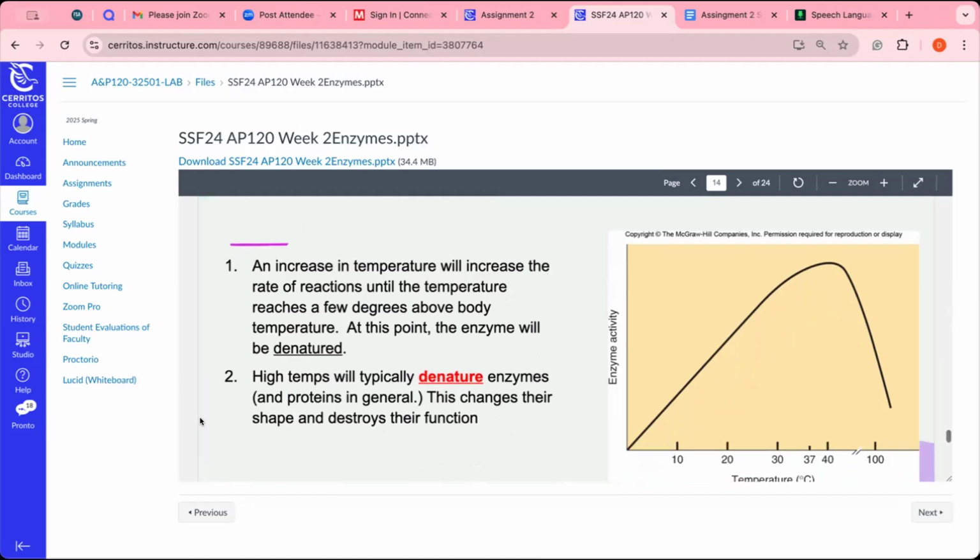High temperature will typically denature enzymes and proteins in general. This changes their shape and destroys their function. So enzymes may not get used up in the reactions, but they can denature if the temperature is too high and fail to work.